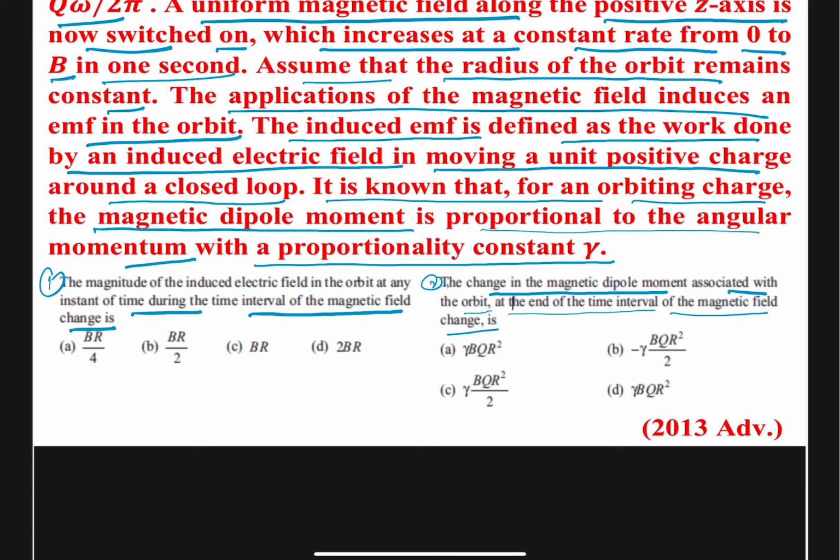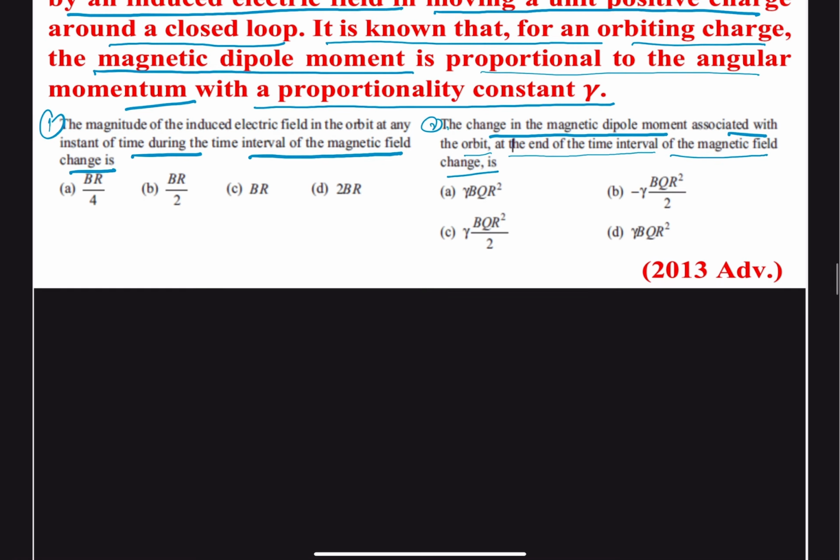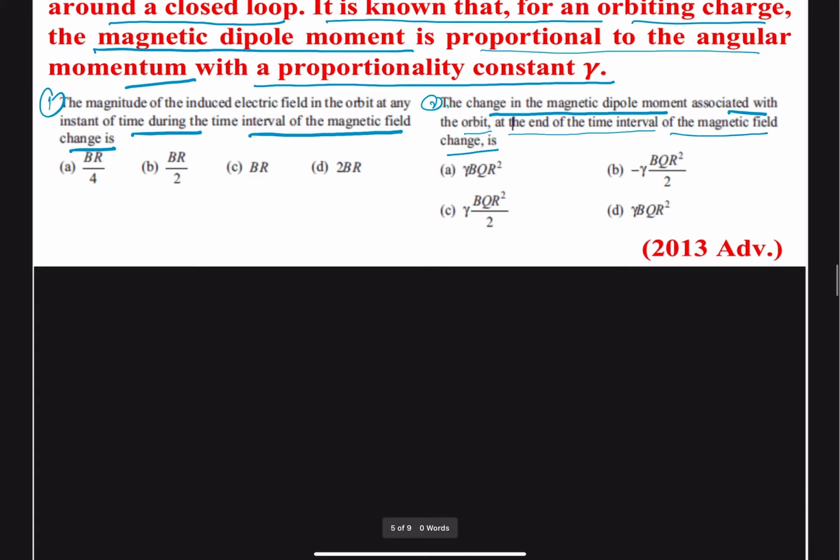Okay. So let us solve this question one by one. And we start with Faraday's law of induction, and it tells us that the induced EMF in a closed loop is nothing but the rate of change of flux.